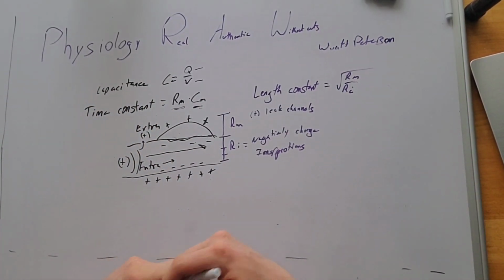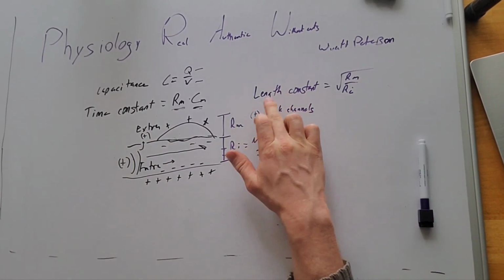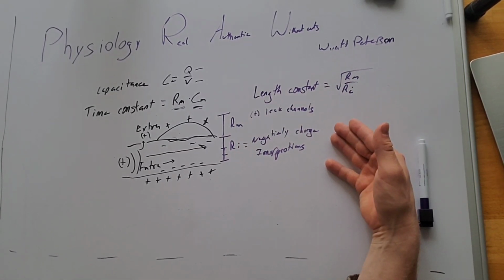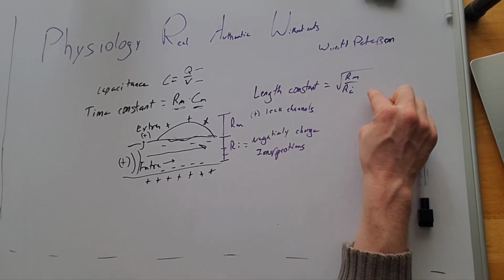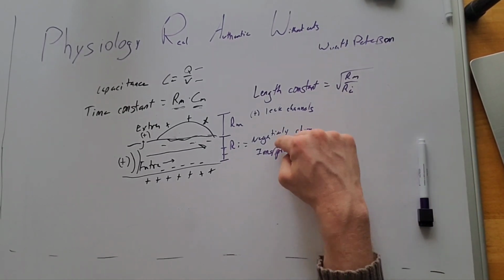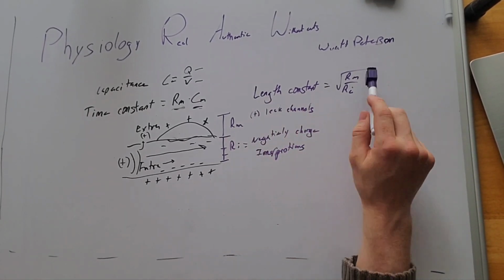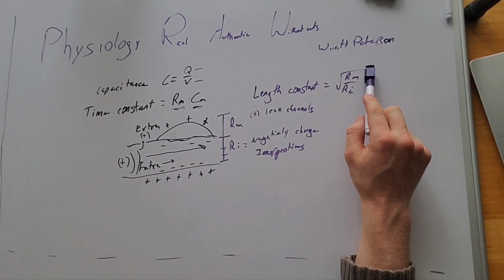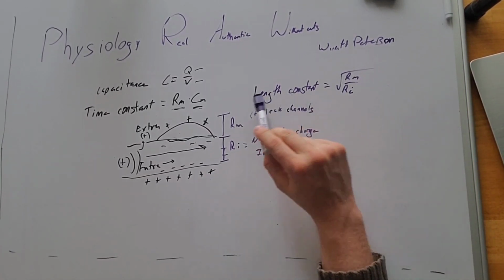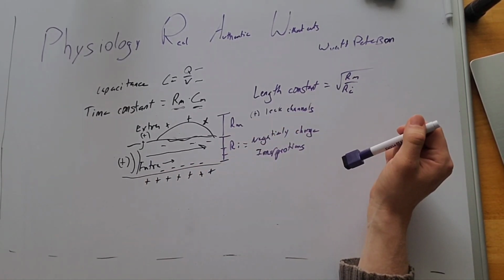Oh yeah, so length constant is basically that. If you reduce Ri, the internal resistance, you have a longer sphere of influence. If you increase membrane resistance, you'll have a better length, sphere of influence.